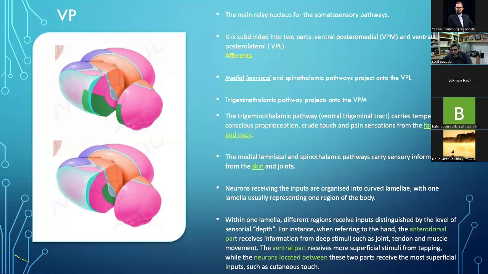The neurons located in between these two parts receive the most superficial inputs, like cutaneous touch. So this is a very important nucleus in gathering a lot of information from both head and neck as well as the trunk, and it processes and refines this information and sends it to the cerebral cortex.